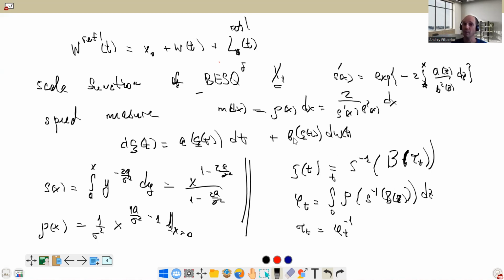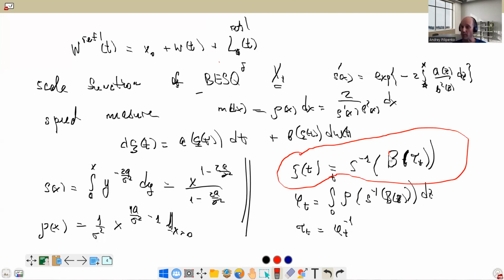If b is separated from 0, and if a and b are Lipschitz continuous, then s prime is positive, so s is increasing, so the inverse function exists. Phi of t is a strictly increasing continuous function, so the inverse function exists. It was proved, it seems to me, by Ito, or maybe Ito and McKean, that psi has the following representation.